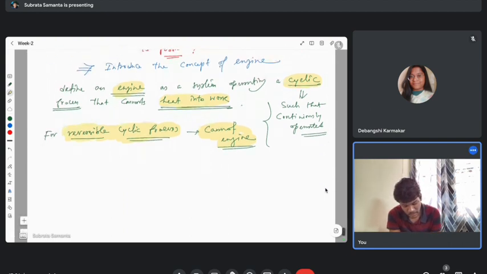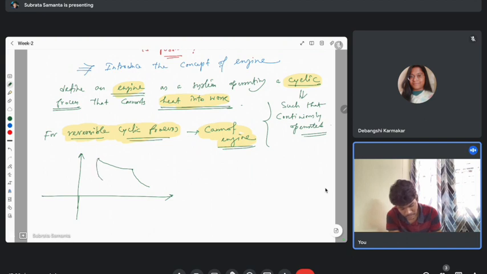Any real engine might be irreversible but still cyclic, so there might be irreversibilities in real engines. But the Carnot engine is specific to a reversible cyclic process. This process contains a reversible isotherm, a reversible adiabatic, then again a reversible isotherm and a reversible adiabatic. So two adiabatic, two isotherms, all reversible, right?